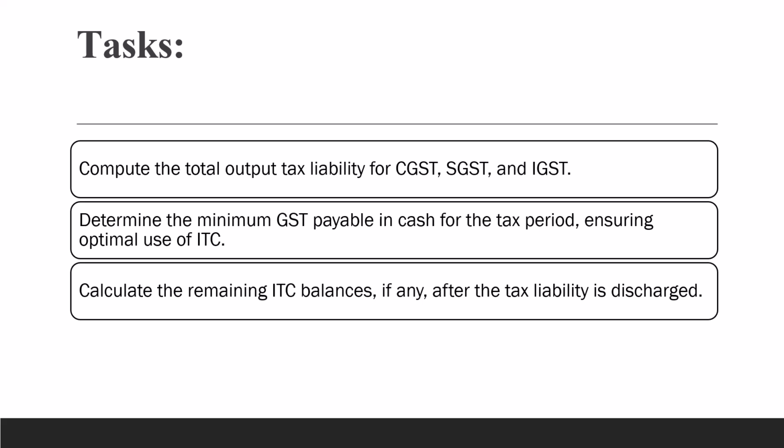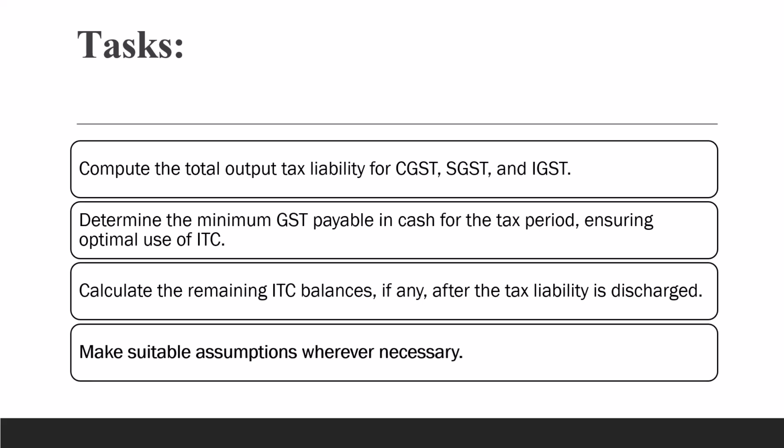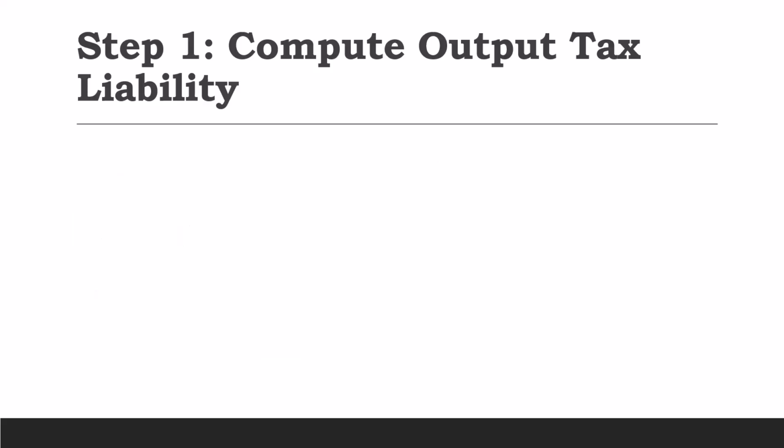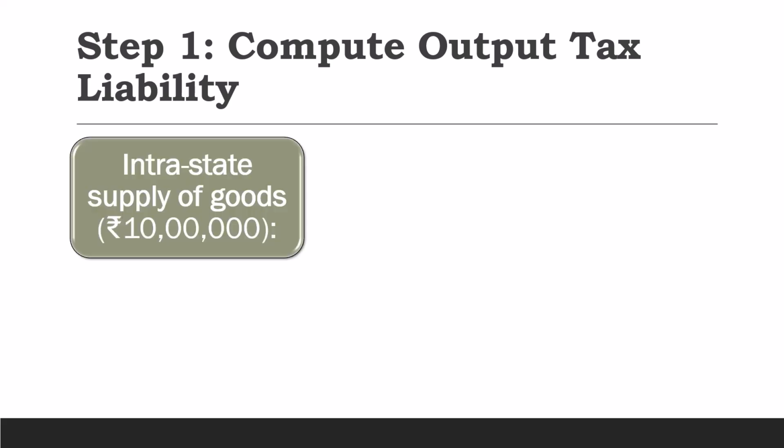Fine. So step one, first of all, we have to compute his output tax liability. He has intrastate supply of goods, 10 lakhs, and interstate supply of goods, 4 lakhs. So the liability will be like this. Because it's intrastate, there will be two components, CGST and SGST, and the tax rate given is 9%.